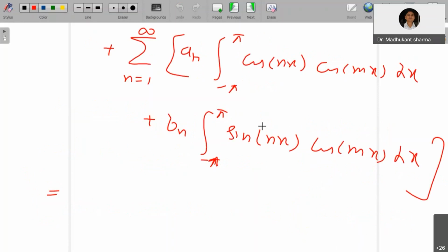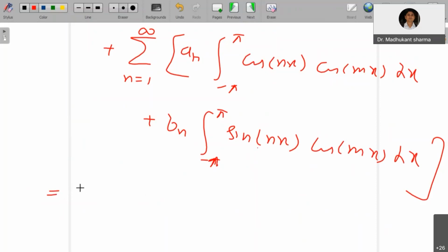Now, the second term we will come to. Third term here. Now you will see the sine a cos b. You can use this sine a cos b formula to integrate it, and verify that this is going to be 0 for each value of n and m.